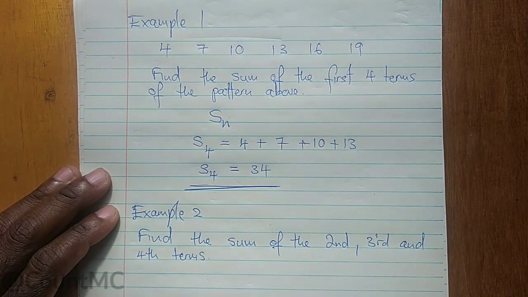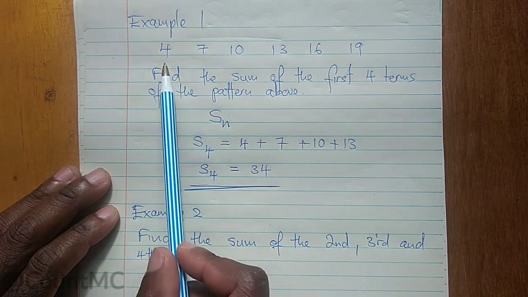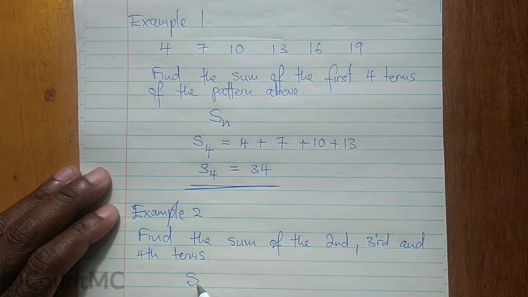Example 2. Find the sum of the second, third, and fourth terms. We are still using the same series. We write sum or series, sum of how many terms? From the second to the fourth, that's 3 things. So you write S3.